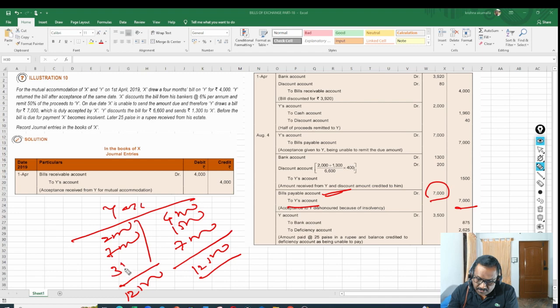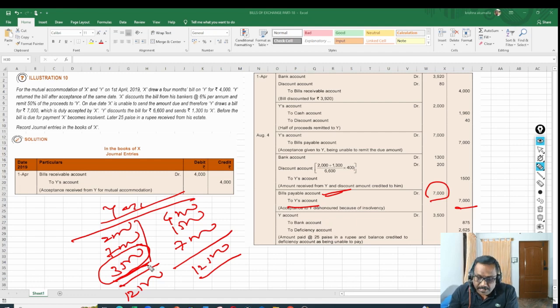How much? 3,500. So net, Y is supposed to receive how much? 3,500 rupees. I just prepared a Y account, nothing else. Wherever Y is there, you just post those transactions and see what the balance is. So the Y account is showing a 3,500 rupees balance in X's books. That means X is supposed to pay 3,500 rupees to Y.